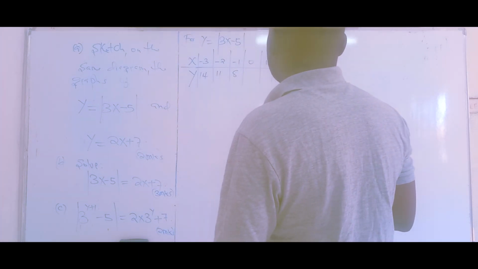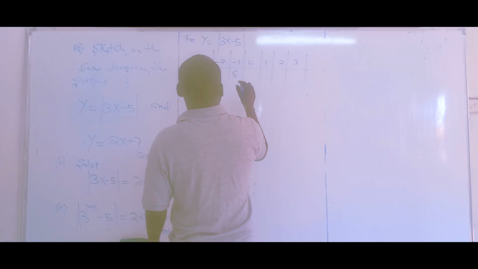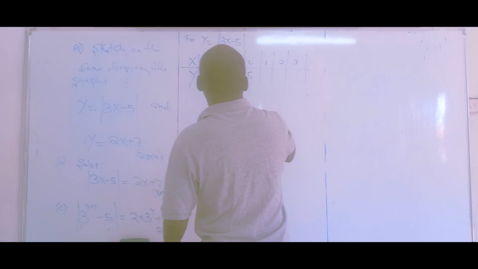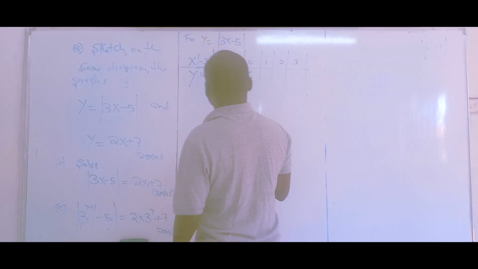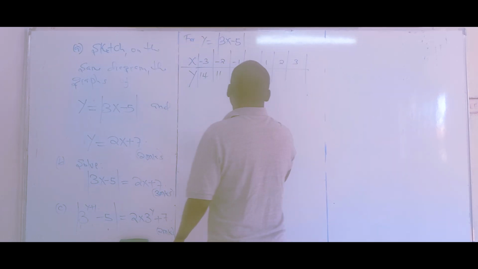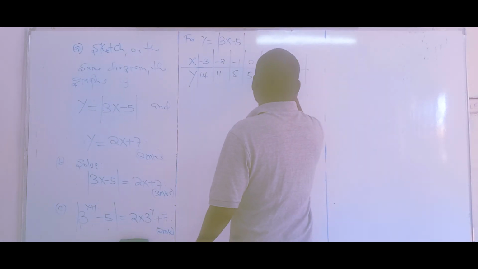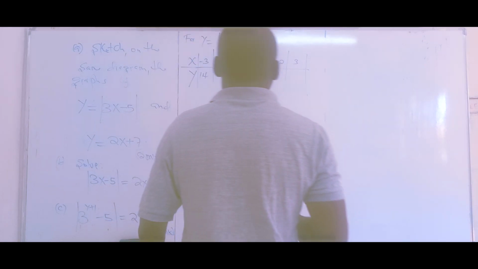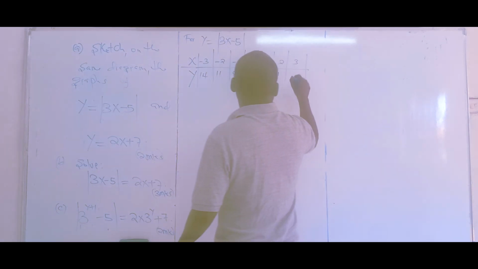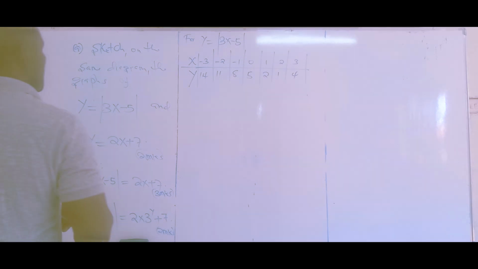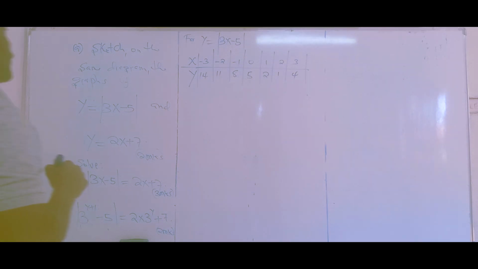When it's 0, we get minus 5. We take 5. When it's 1, we get minus 2. We take 2. When it's 2, we get 1, which is okay with us. When it's 3, we get 4, which is okay with us. So we can sketch for that.